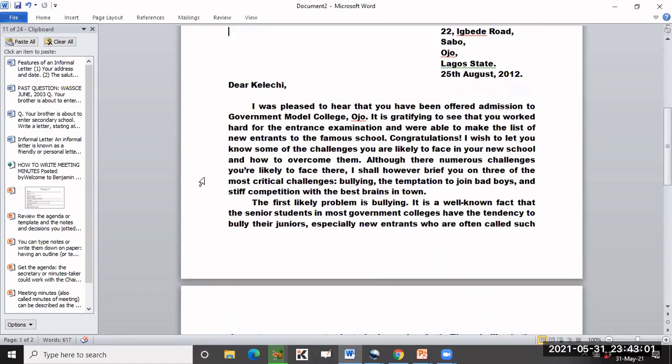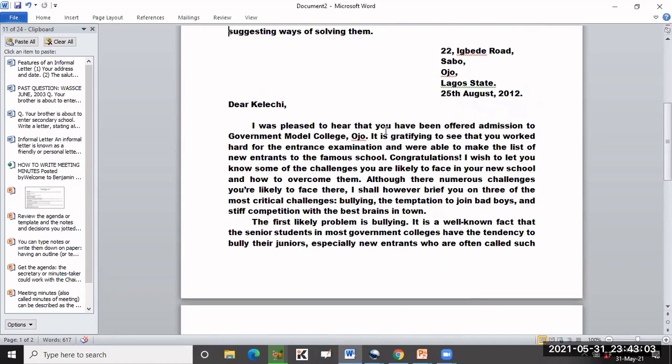Let's begin to look at it. The first thing we look at here is the address, and the date. You can see here, 22 Igwede Road, Sabo, Ojo, Lagos State, 25th August, 2012.